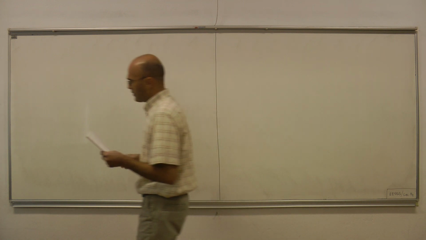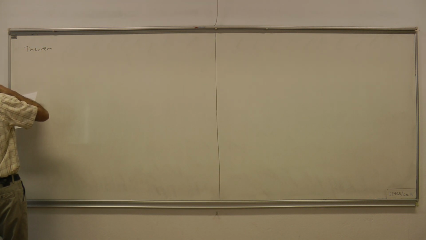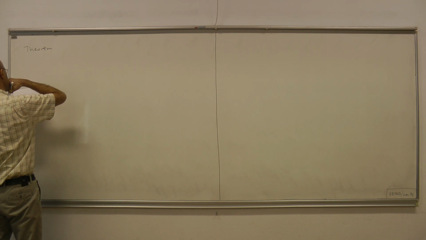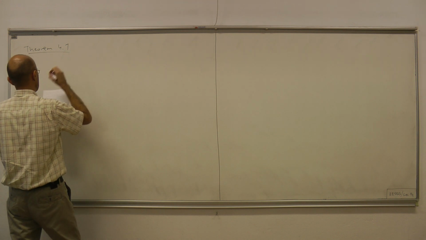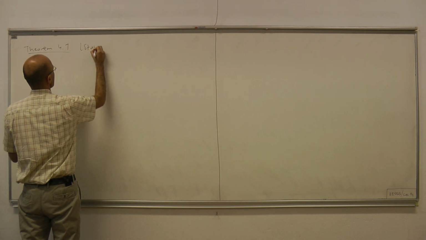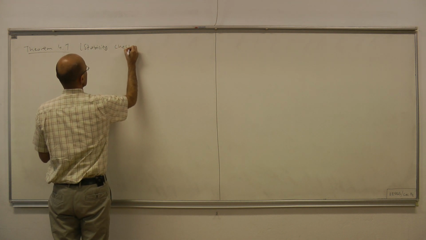Okay, so this is the linearization method. It's 4.7 in the text. Stability checked by linearization.